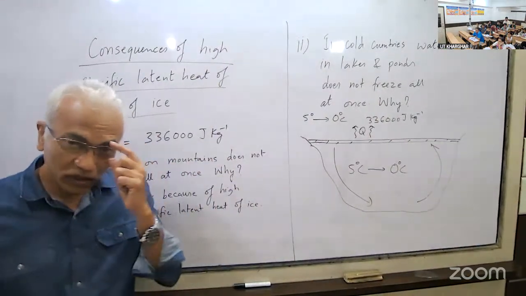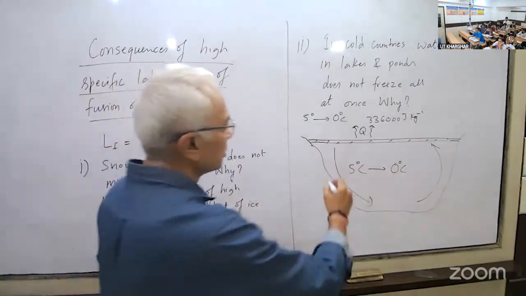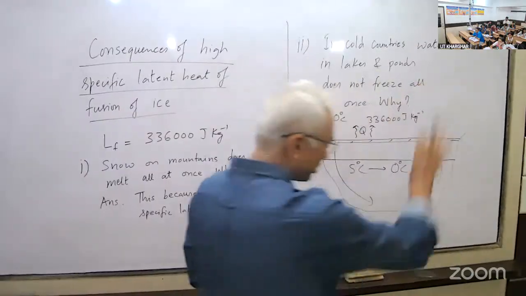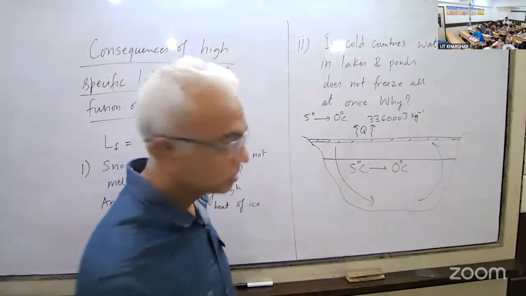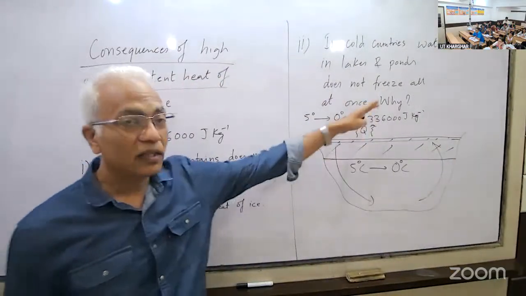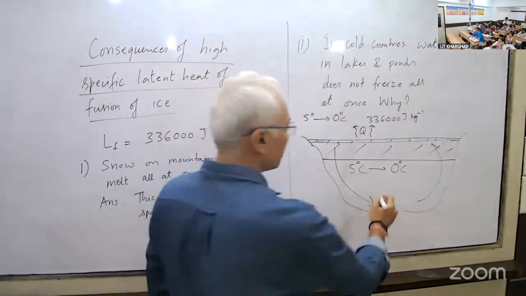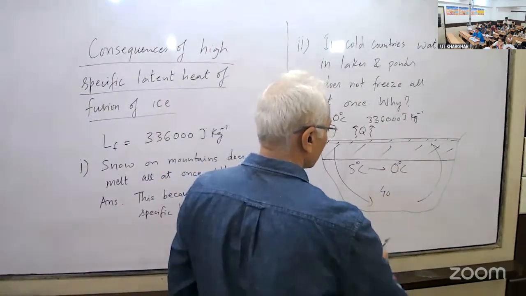Is ice a good conductor or a bad conductor? It is a bad conductor. So all the water in the lake will not freeze, only the top layer will freeze, till there is no conduction possible to the other part. So this part will remain at 4 degrees Celsius.